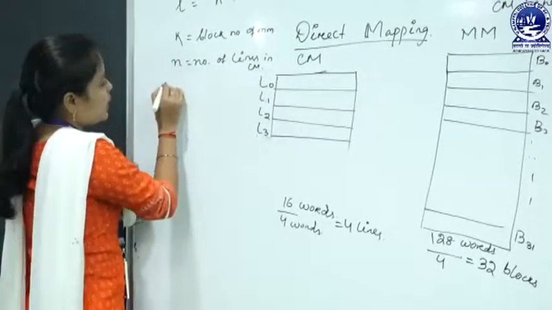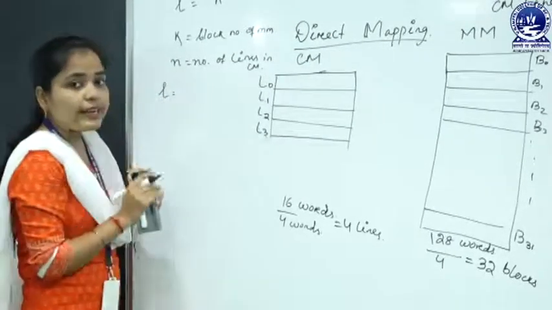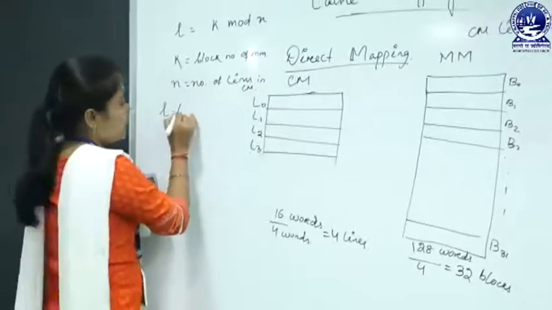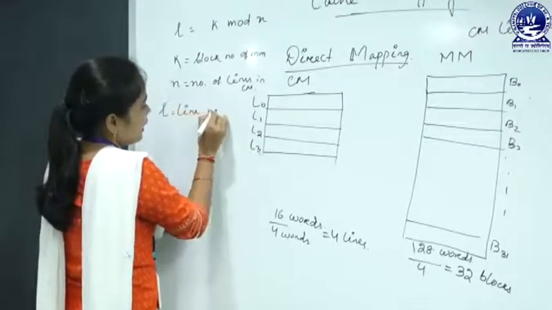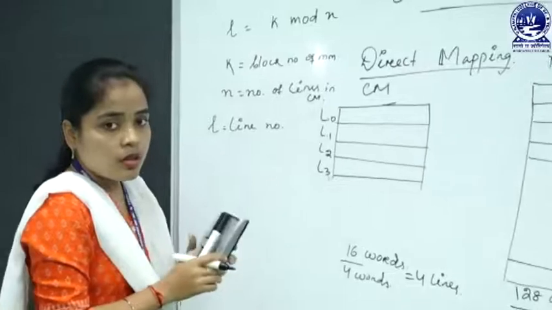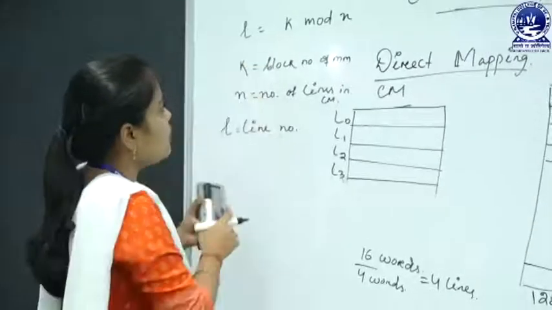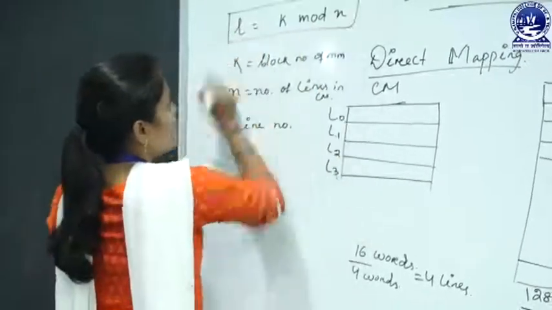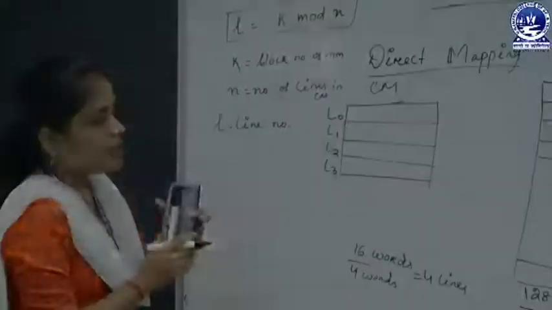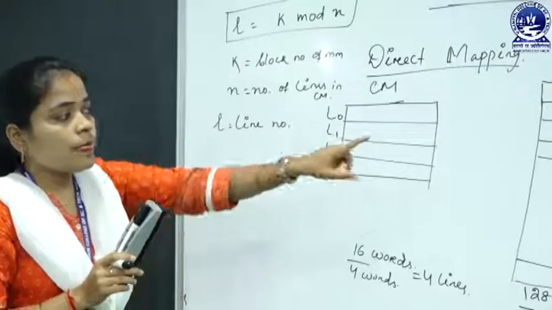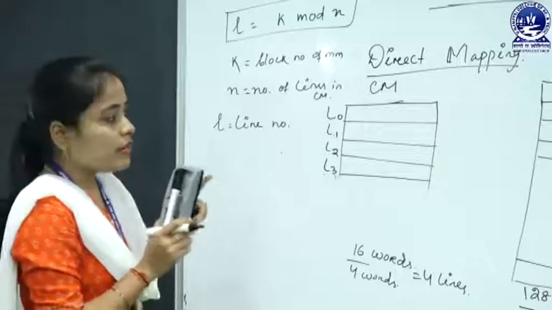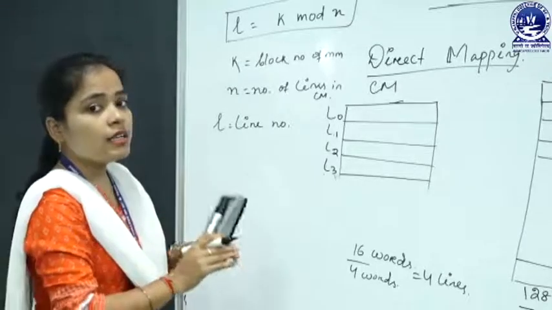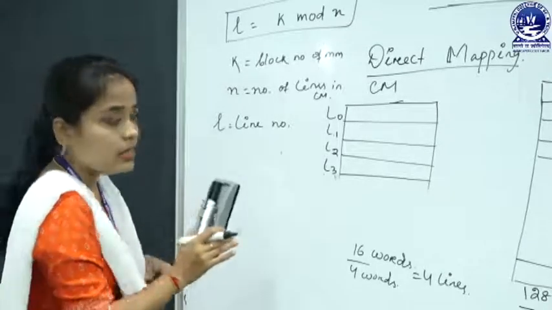And what you have to find out is the line number. So L is our line number. Let us take an example. We want to find out the location where B2 will be assigned in the cache memory.